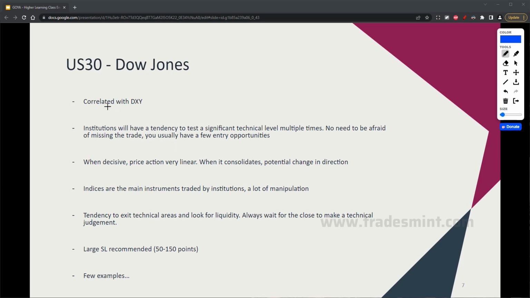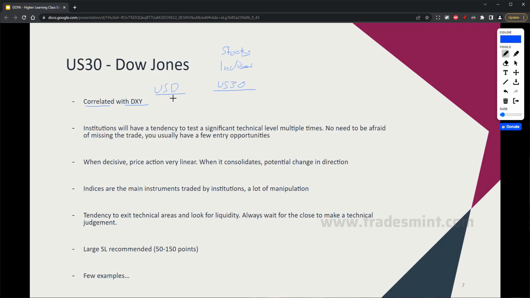First of all, it's correlated with the DXY. It's correlated with the value of the USD, and it's going to be inversely correlated. What does that mean? It means that, let's say USD is on one hand, and US 30 is on the other hand. On this end you have indices, stocks, all the stock market, and on the other hand you have the value of the USD.